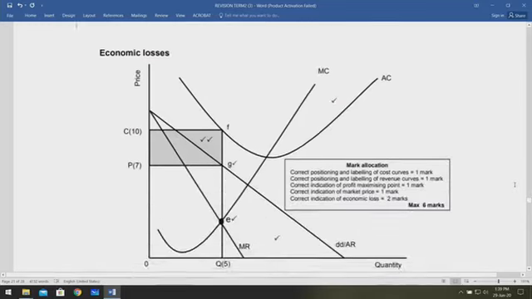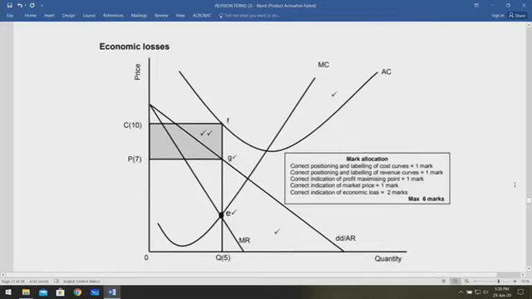It's very seldom that you have this situation because most of the time they will be making profits in both the short and long run. But in order for a monopoly to achieve an economic loss, we have to ensure that the AC curve is above the AR curve, because wherever your AC is bigger than your AR, it means you're making a loss.